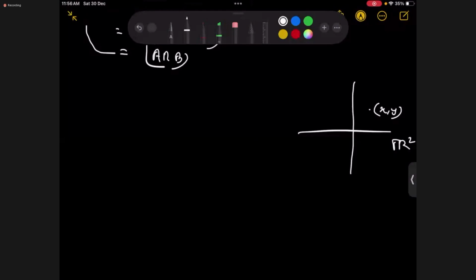Now we are denoting X_n, which is the collection of all those (x, y) such that x squared plus y squared is less than or equal to 1 by n squared. It will be easy.